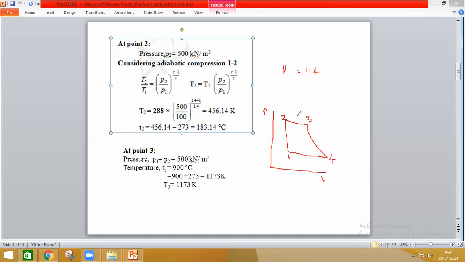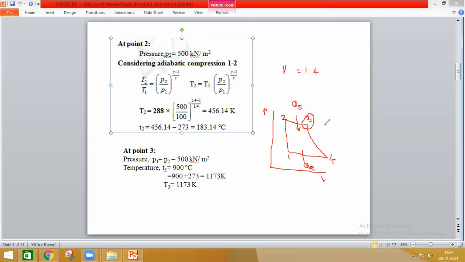Now we can see that this is constant pressure heat addition, that is QS, where heat is supplied. And this is QR, where heat is being rejected. This is the expansion process, and here we will have the maximum temperature.